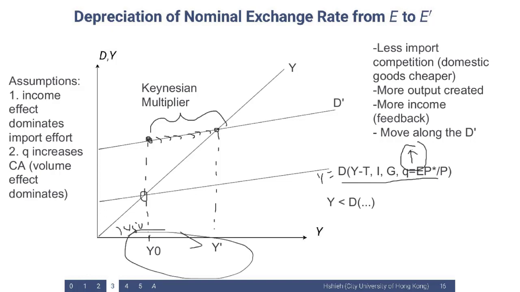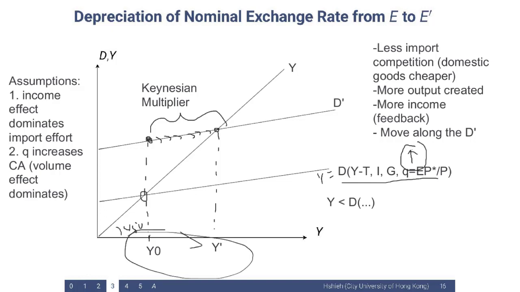That's why we're moving along this curve here. Feedback. More income, more output, and as a result, more supply being created from that demand. So therefore, we move along the D curve, the new D prime curve.